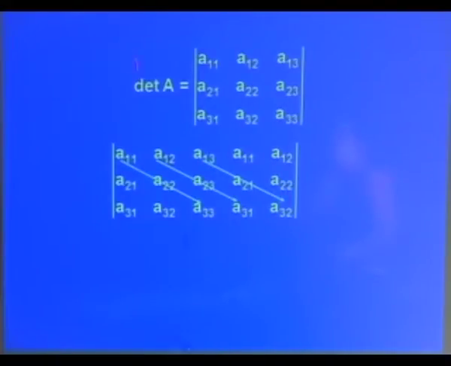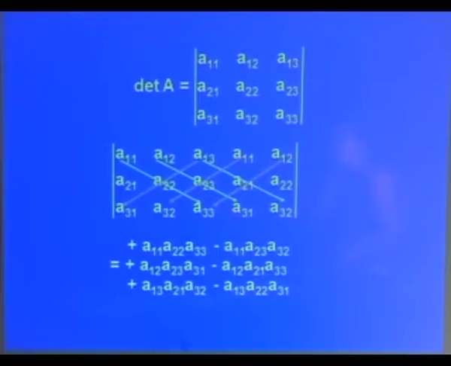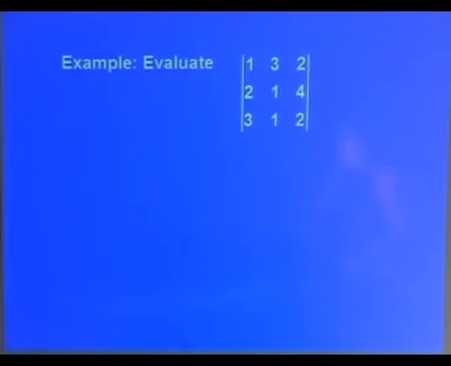Then form the products A11, A22, A33, A12, A23, A31 and A13, A21, A32. These products are written down here, and then we take the products of the terms A13, A22, A31, A11, A23, A32 and A12, A21, A33, and these terms are written with a negative sign. So, that is how you evaluate a 3 by 3 determinant.